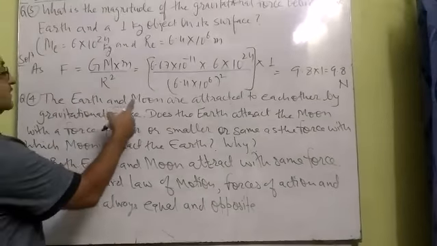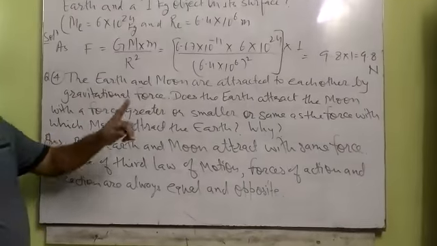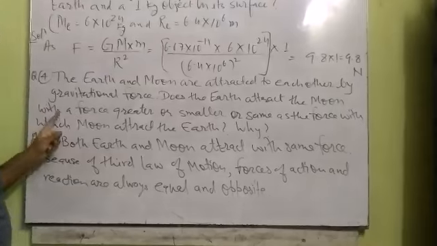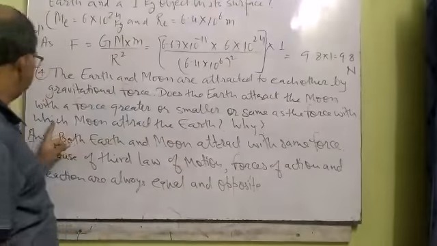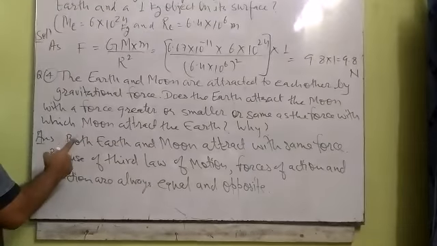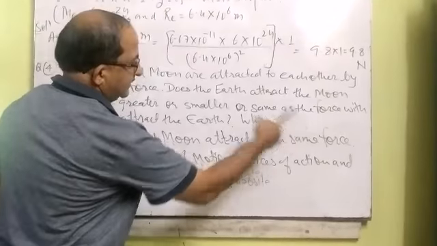Now question number 4. The earth and moon are attracted to each other by gravitational force. Does the earth attract the moon with a force greater, smaller or the same as the force with which the moon attracts the earth? And why? Both the earth and moon attract with the same force.